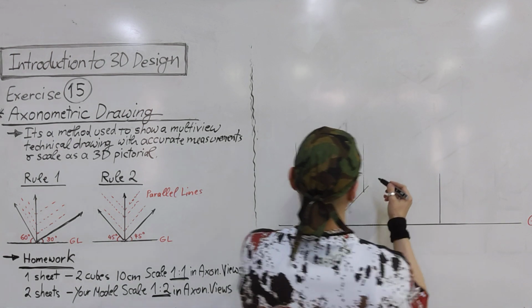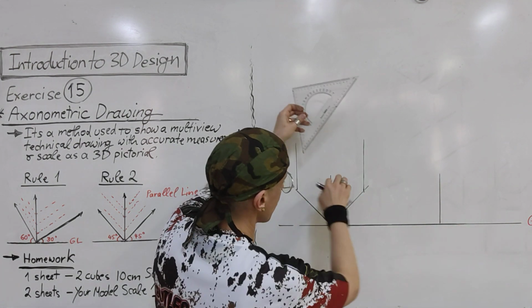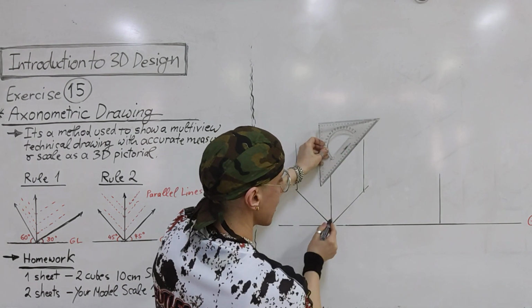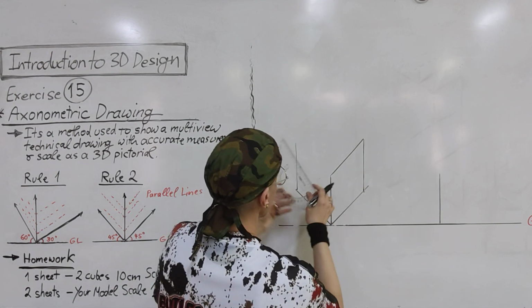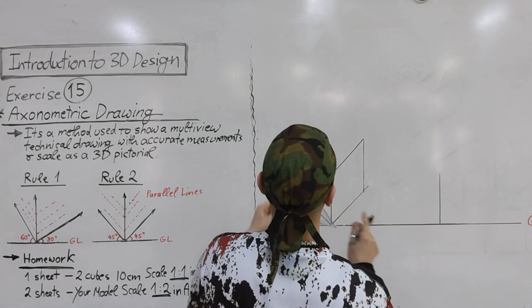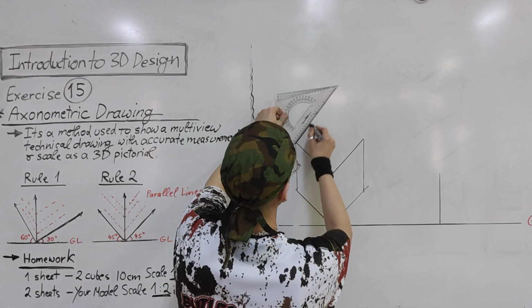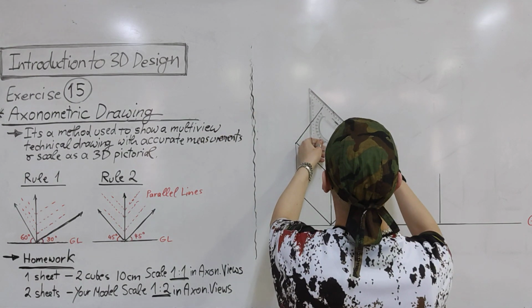Now, all the lines have to be parallel. If this is 10 centimeters, from here we will take it. This line and this line must be parallel to each other, all of them at 45 degrees, okay? This line with this line parallel, and this line.